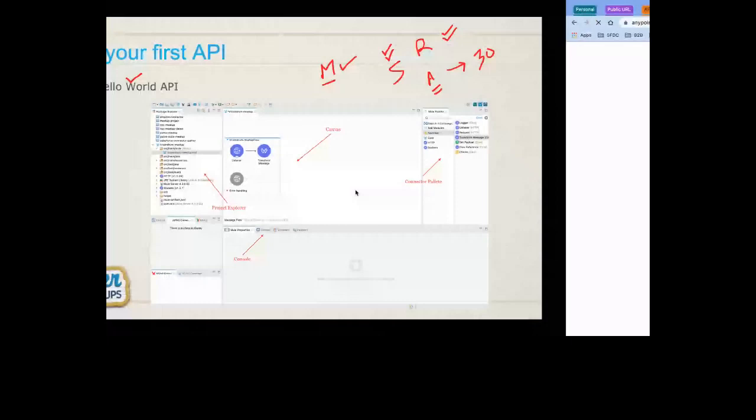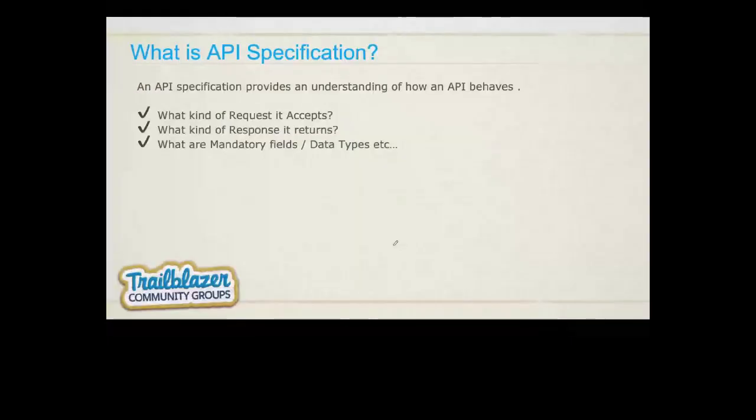Now let's talk about API. We have talked about API specification and API design. When we talk about designing or developing an API, the first thing we need to talk about is specifications: what inputs the API can take, and how our API is going to behave.